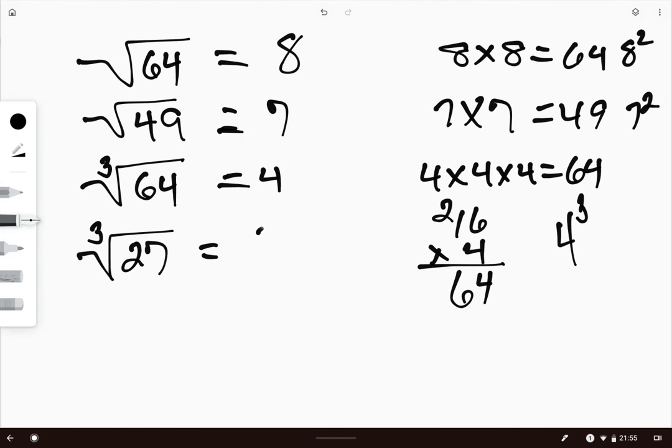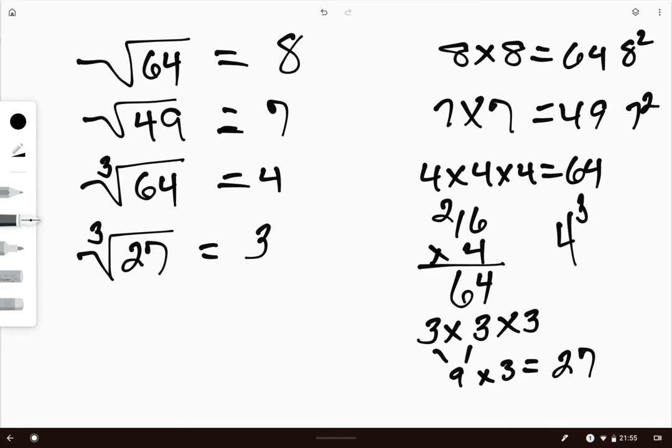The cube root of 27 is 3, because that's the same as 3 times 3 times 3. So 3 times 3 is 9, and then 9 times 3 equals 27. So the inverse of that, or the opposite of the cube root of 27 is 3, would be 3 cubed, or 3 to the third power.